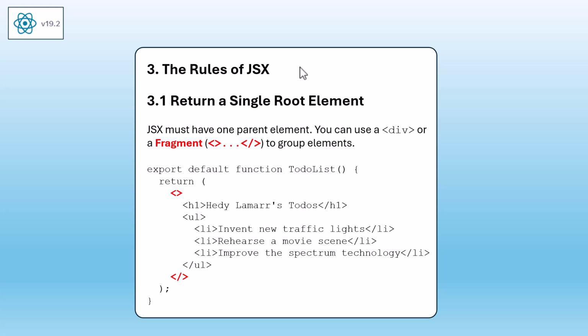But React also provides something called a fragment, which looks like empty tags, <> and </>. A fragment allows you to group elements together without actually adding another layer to your HTML. This helps keep your markup clean while satisfying JSX's requirement for a single root.